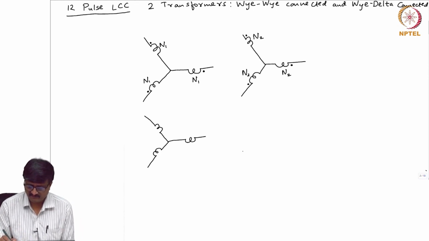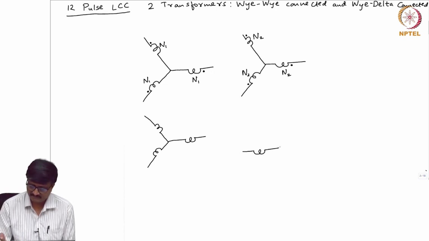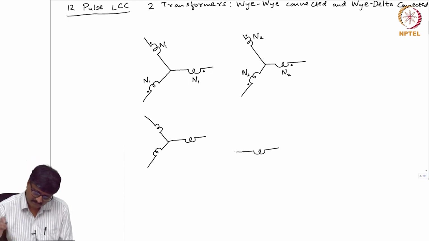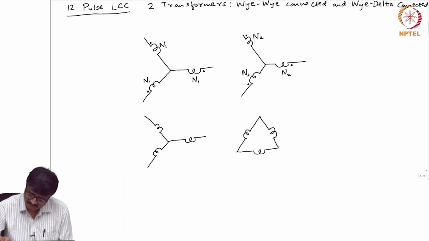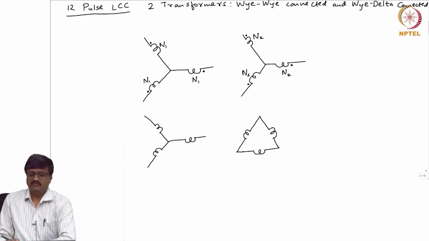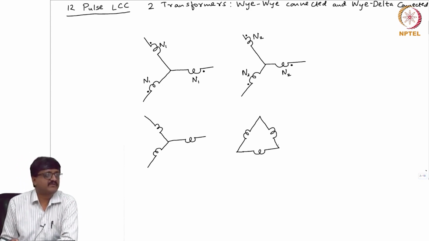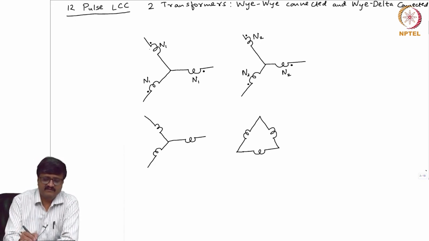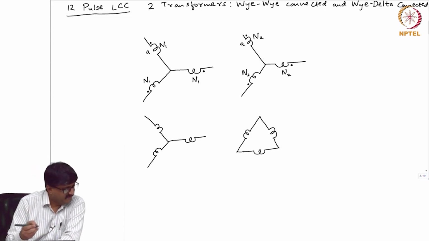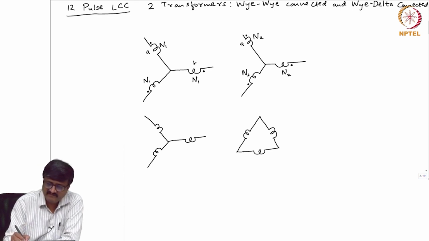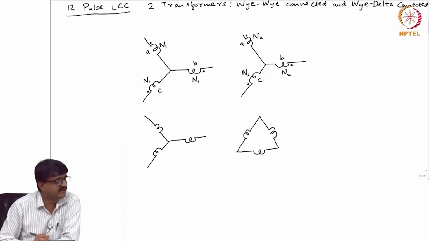One side is Y, the other side is delta. Now, we show the windings belonging to the same phase in parallel. For example, in the YY case also, if this is A phase and this is A phase, they are shown in parallel. Similarly, if I take this as B phase and this as B phase, they are shown in parallel. This is C phase and this is C phase, they are shown in parallel.